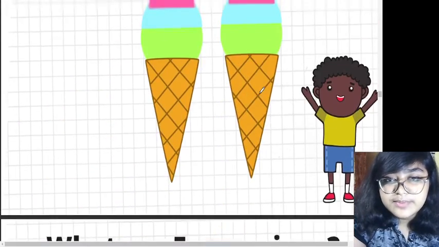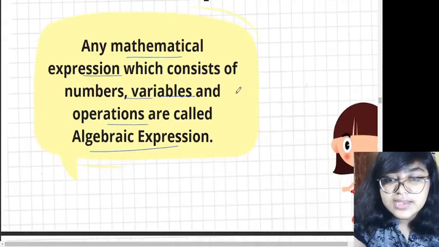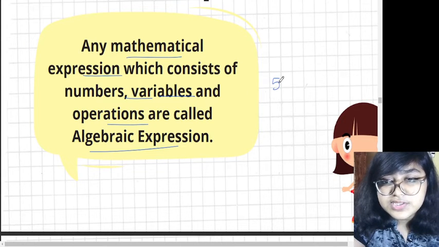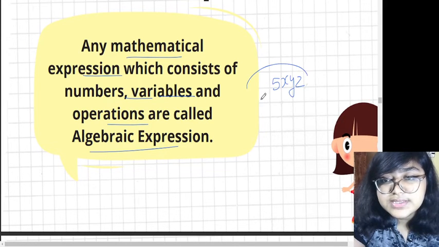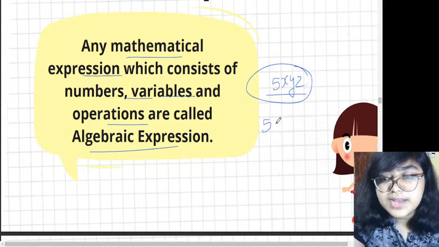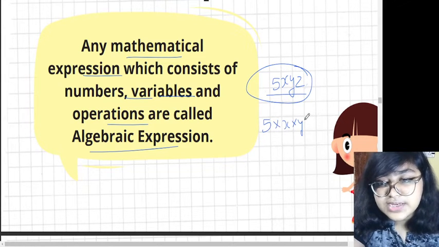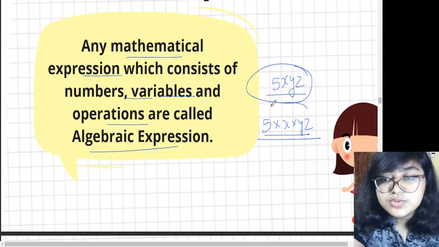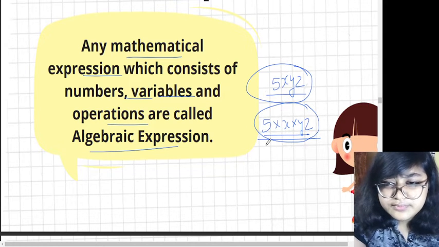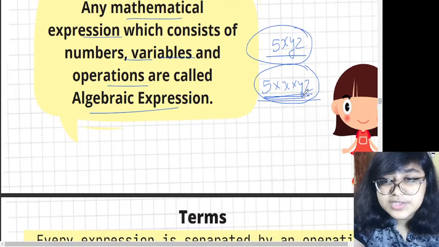As we have seen in the previous slide, there is an ice cream which is 5xyz. So this is a term, and this is also an algebraic expression where we have multiplied 5 into x into y into z. In this term, there are 4 parts, as you can see: 5, x, y, z.